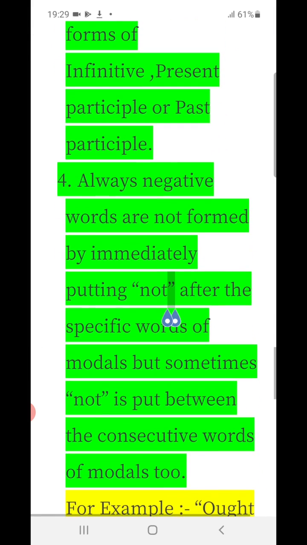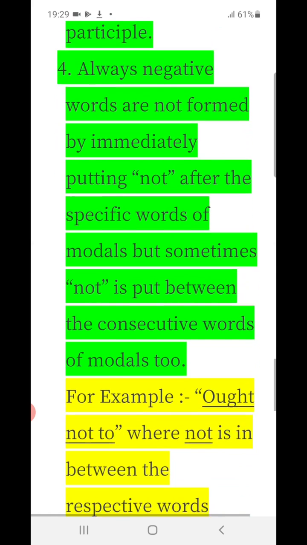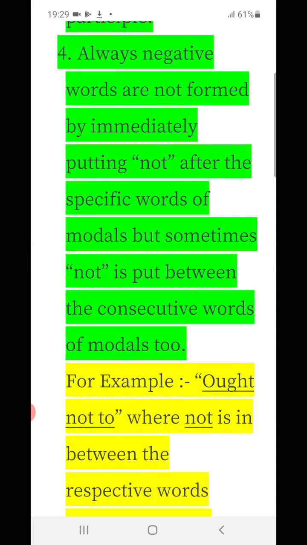Number 4, negative words are not always formed by immediately putting not after the specific words of modals, but sometimes not is put between the consecutive words of modals too.